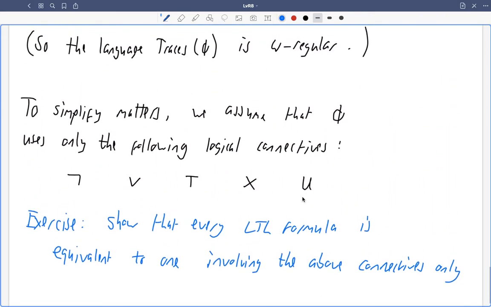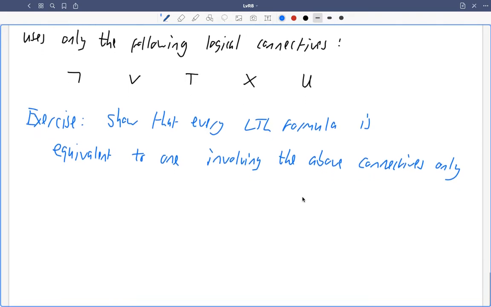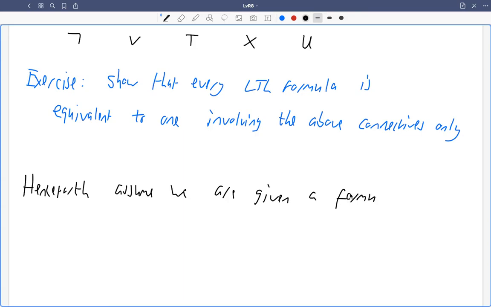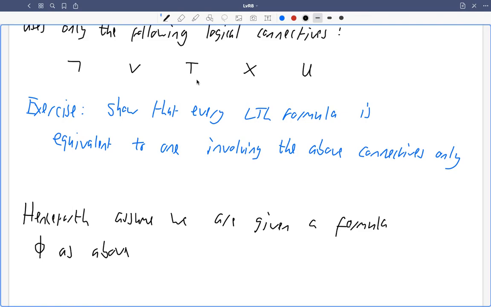Okay, so henceforth, assume we are given an LTL formula phi as above, namely using exactly these connectives.